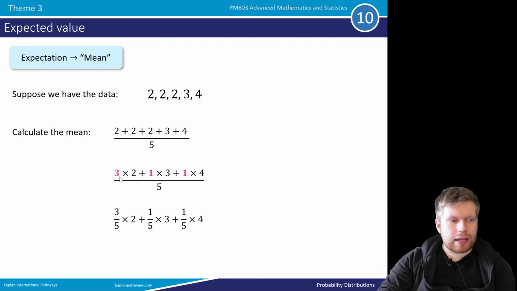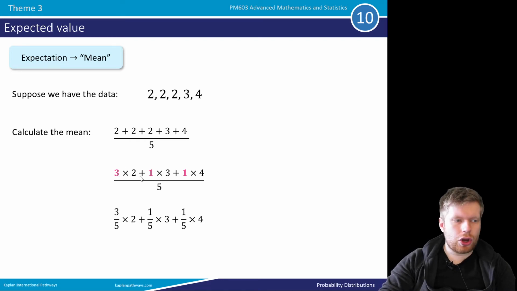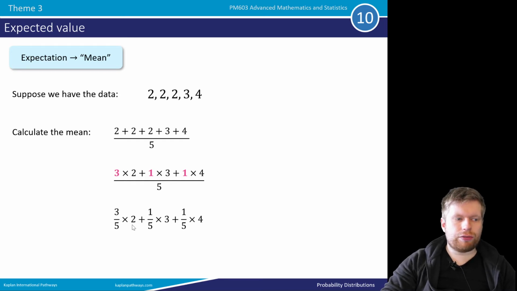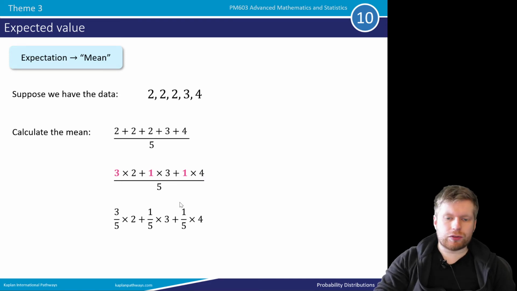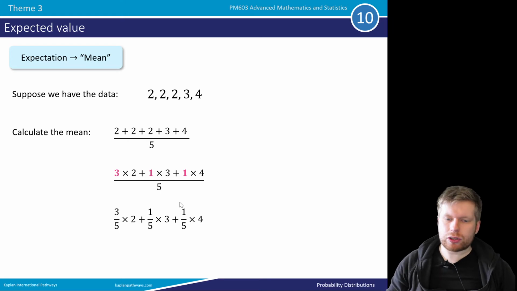So all I've done here is, instead of having 3 times 2, I've said it's 3 times 2 over 5, or I could write that as 3/5 of 2. Okay, 3/5 times 2. And the same thing here, I've broken that 1 times 3 over 5 into 1/5 times 3. And again, the 1 times 4 over 5, I've broken into 1/5 times 4. So I've simply broken it up into 3 separate fractions.